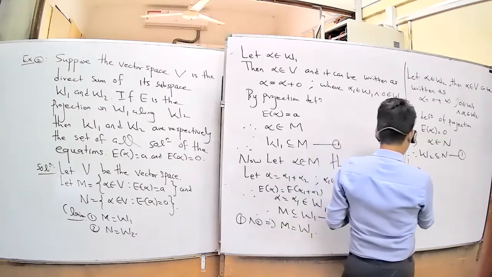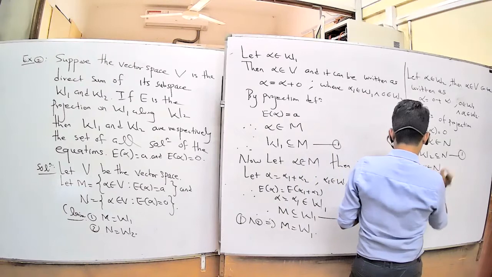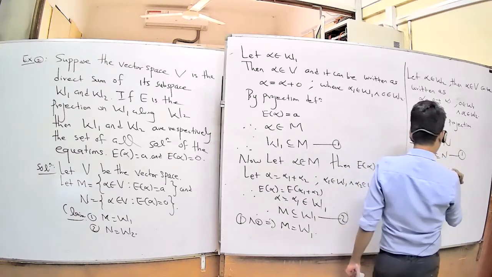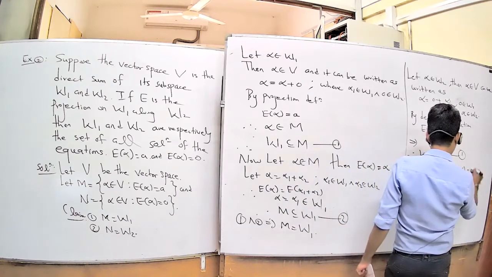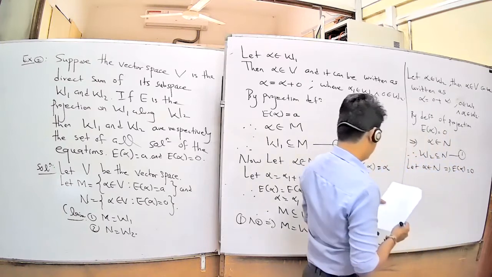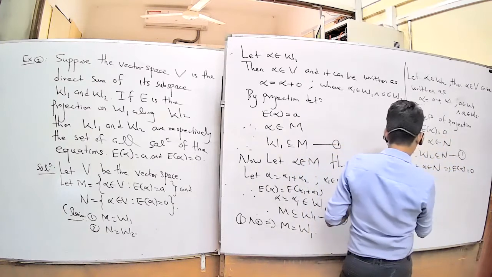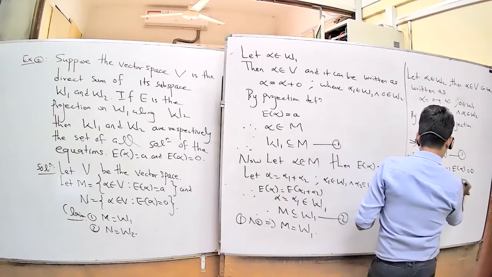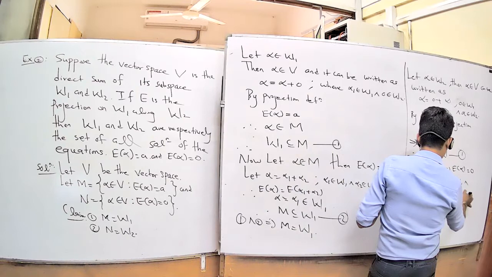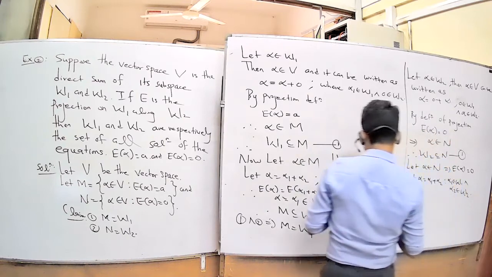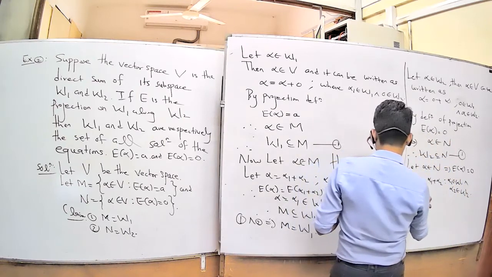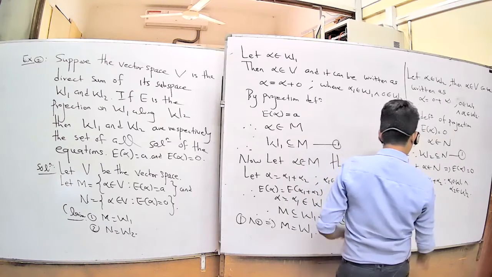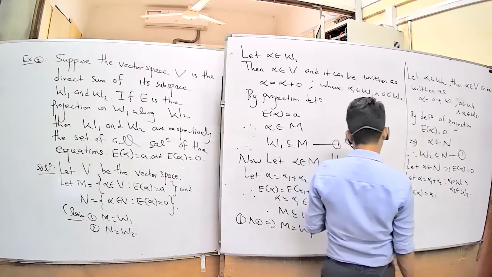Now let alpha belong to N. Then alpha belongs to N means we have the condition E^alpha should be 0. Let alpha equal alpha 1 plus alpha 2, where alpha 1 belongs to W1 and alpha 2 belongs to W2. By the projection, E^alpha equals alpha 1.